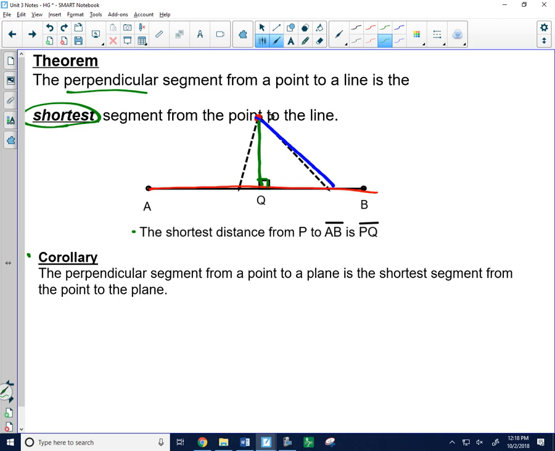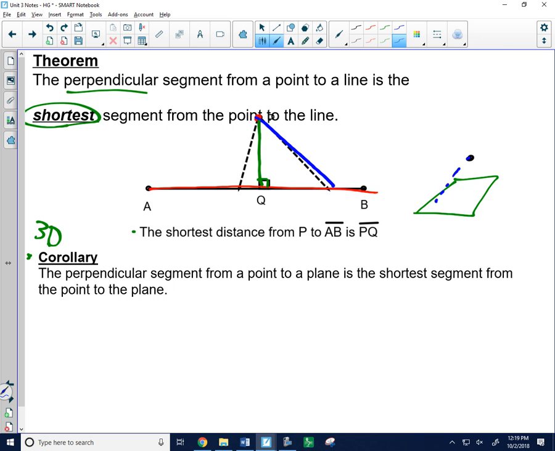There's a similar theorem for 3D. Corollary is just like a little theorem based off this one. It just says if we're not in 2D, if we're now in 3 dimensions, so I have a plane here, and here's my point, the shortest distance to the plane is not diagonal.